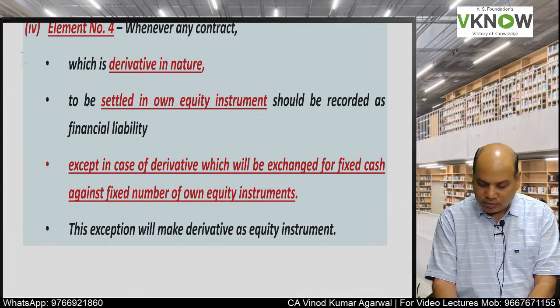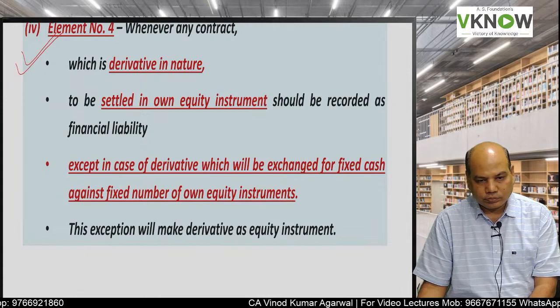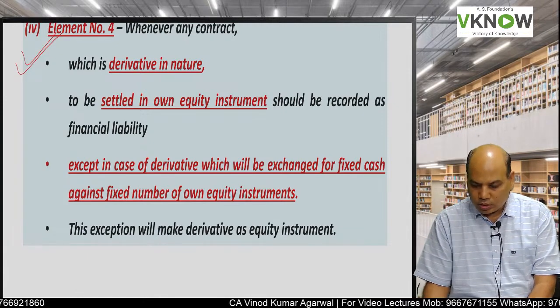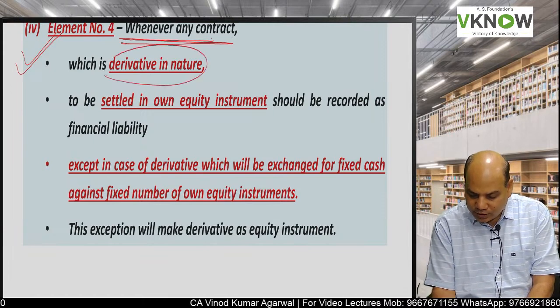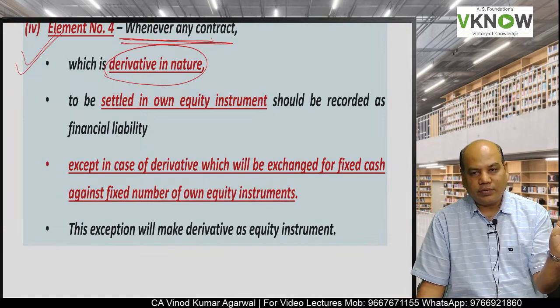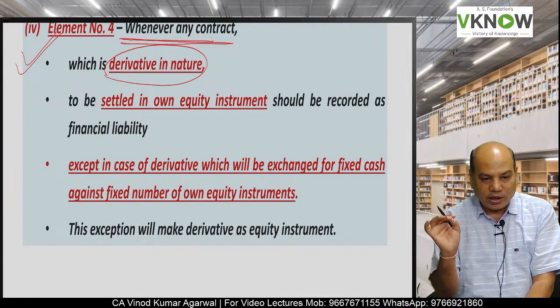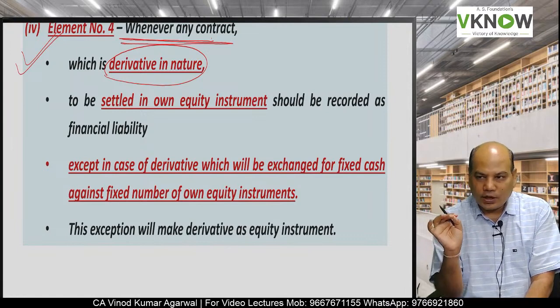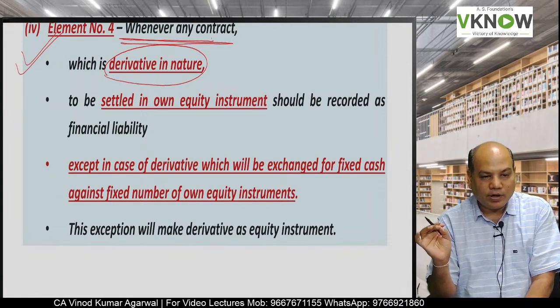And element number 4, whenever any contract which is derivative in nature. So element number 2 was also derivative, element number 4 is also derivative, but element number 2 was a financial instrument which has become unfavorable.